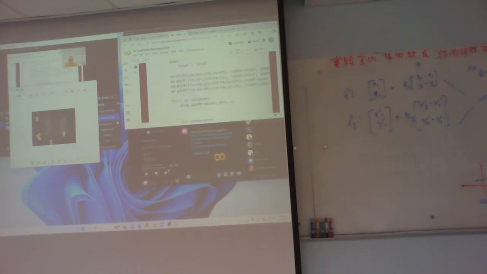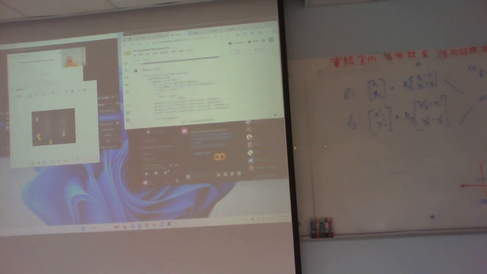Oh no, I redefined my function. So that's not so good. I'll need to get this back.